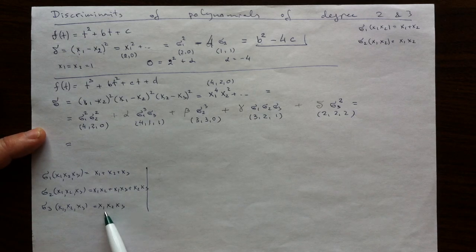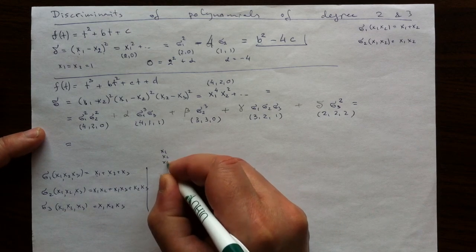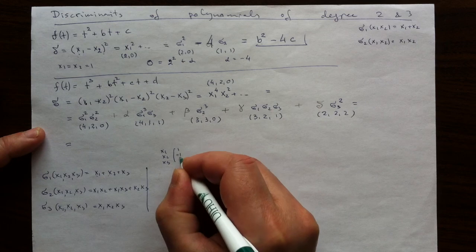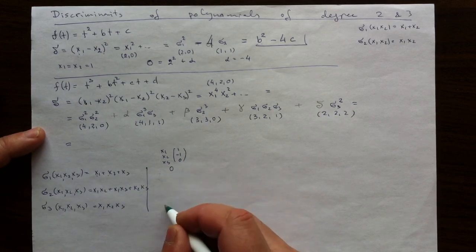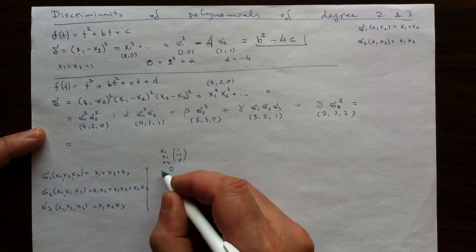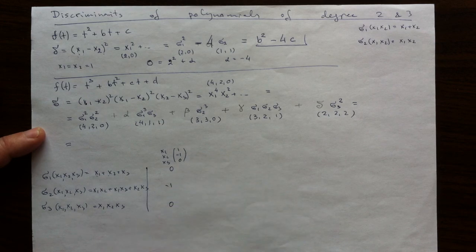It's easy to make sigma 3 zero, just one of the x's set to 0 will do it. And to make sigma 1 zero, I just need to choose the remaining 2 x's to be the opposite. So here's my collection for x1, x2, x3. I will just choose 1, -1 and 0. Then sigma 1 will be equal to 0, sigma 3 will be equal to 0, and sigma 2 will be the sum of all products, and only one product will survive, which is -1.